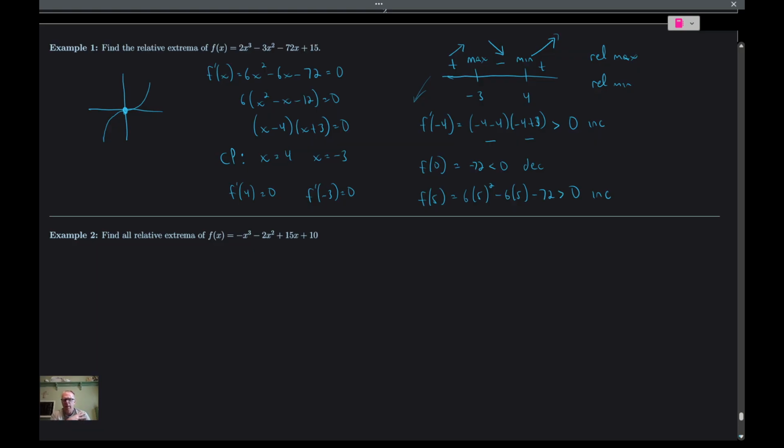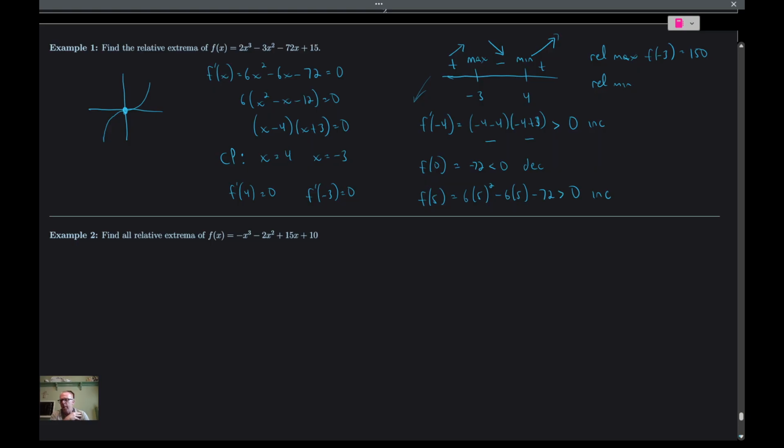That gives us the maximum or minimum value of the function. So the relative max happens at -3. f of -3 is 150. So you plug -3 into the original function, you get 150.